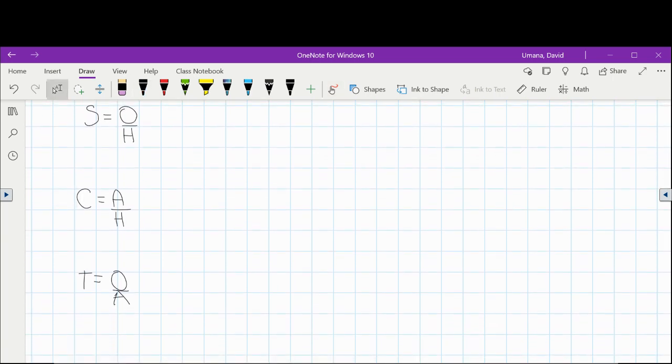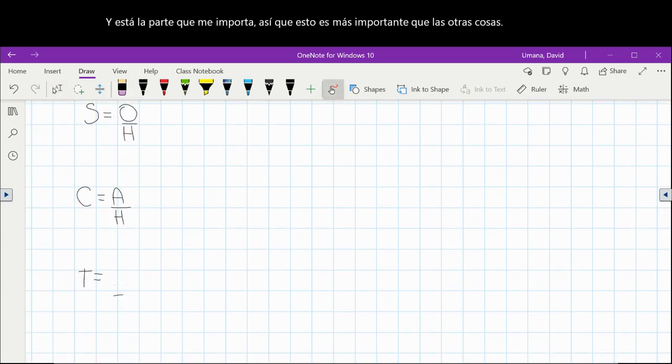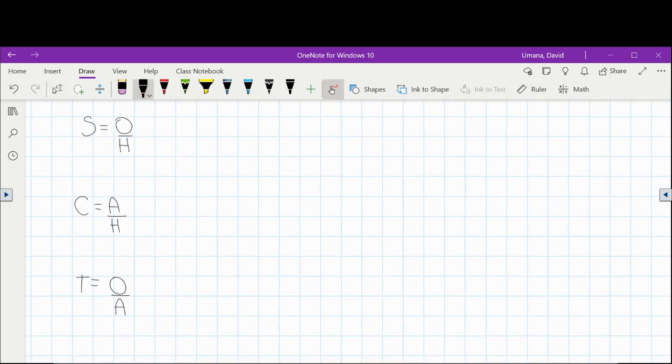And this is the part that I care about, so this is more important than the other stuff. Now, as of today, anytime that you see S, that is going to be the sine.